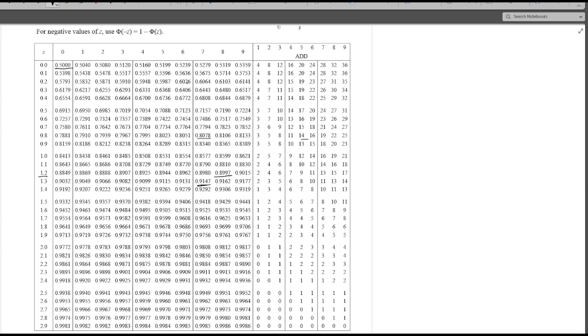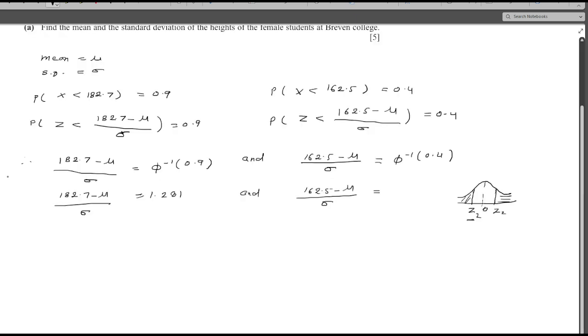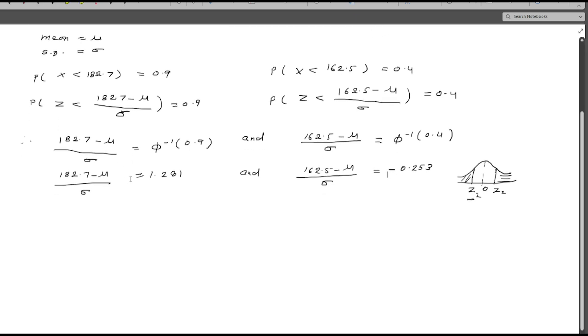Now 0.6, if you see here, 0.25, and now I will add 3 to it, so 0.253, but it will be negative.